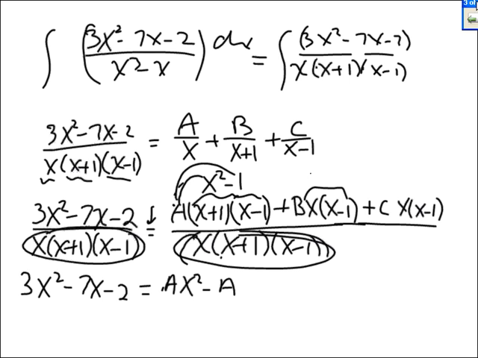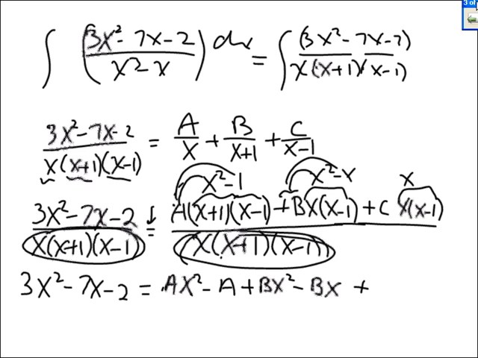This multiplies out to x squared minus x. When I multiply it by positive b, I get positive bx squared minus bx, plus this multiplies out to x squared minus x. When I multiply it by c, I get cx squared minus cx.